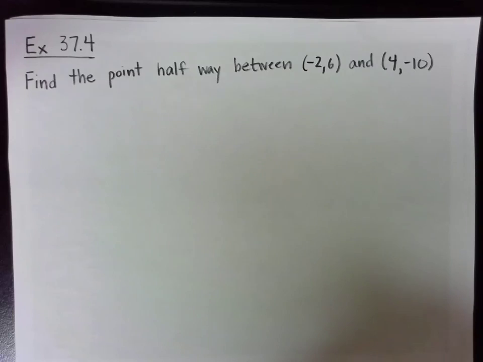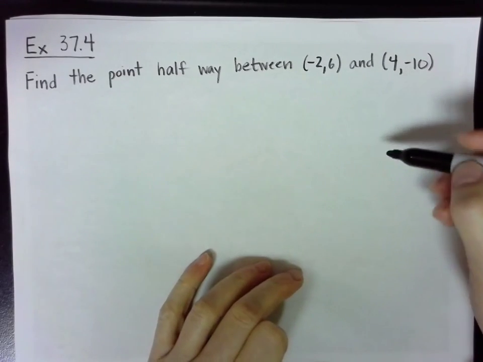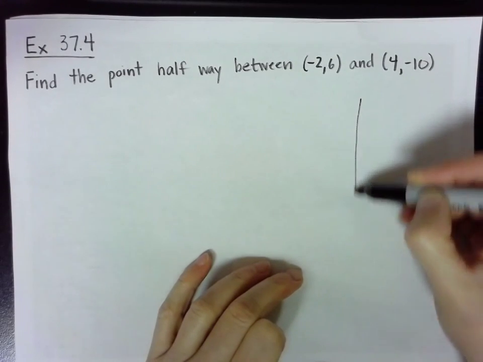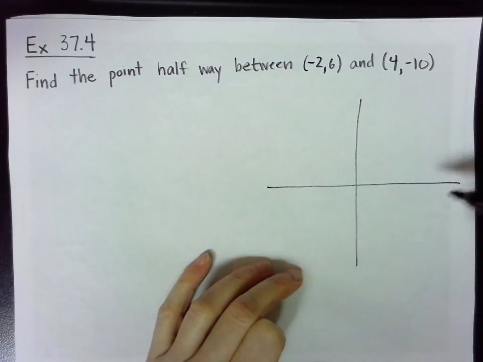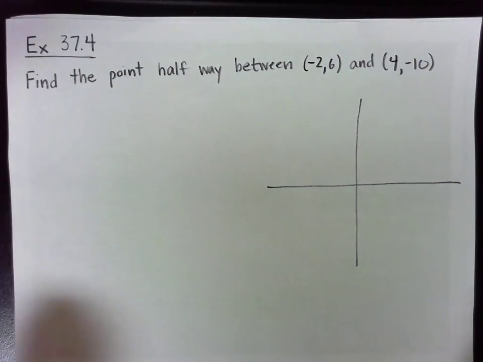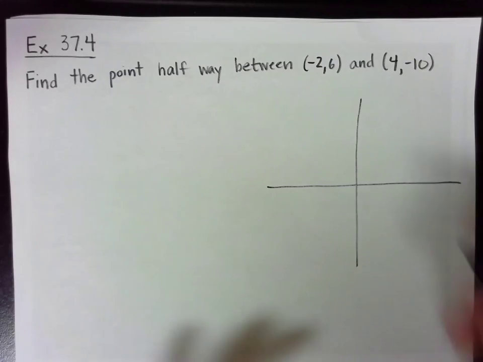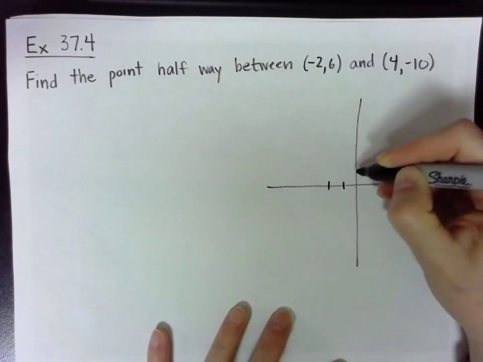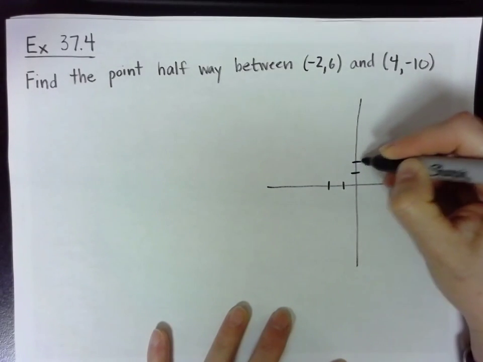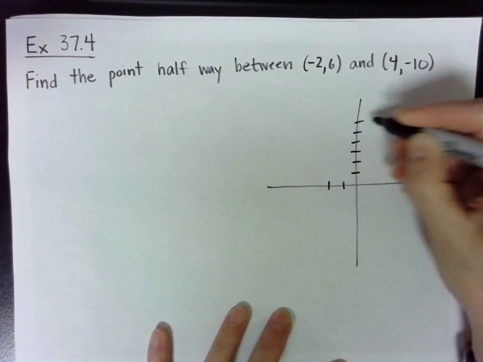What is the point halfway, or the midpoint, between -2, 6 and 4, -10? We might not need a picture, but just in case you accidentally subtract instead of add, it's not a bad idea to draw yourself a picture and check your reality.